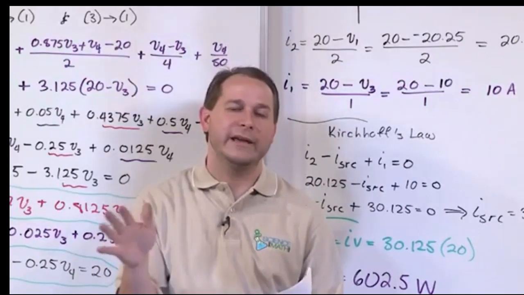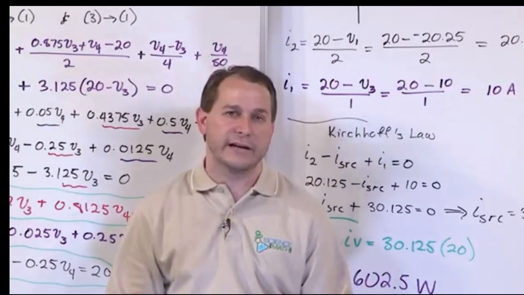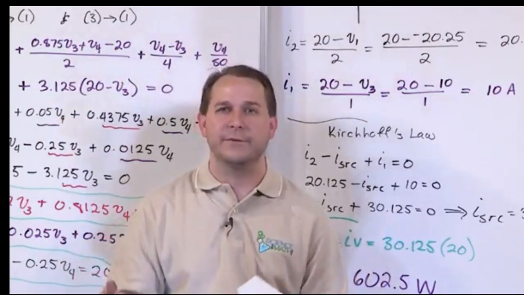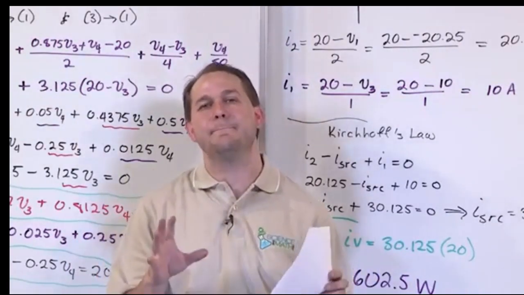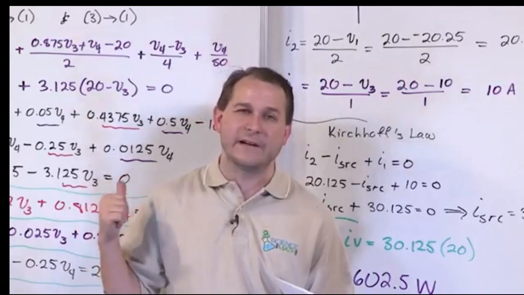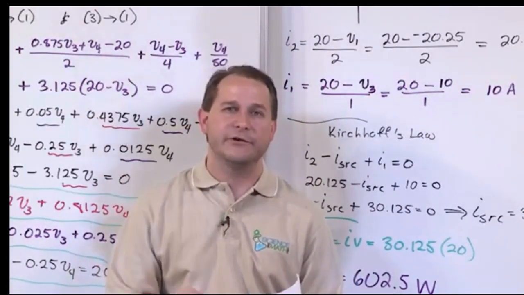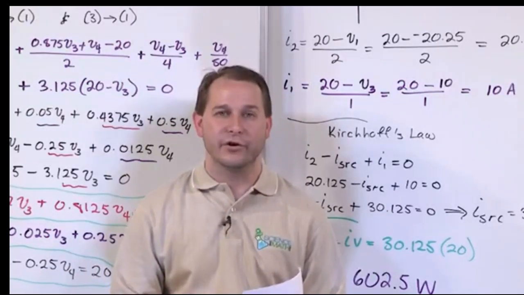Because later on, when we get to alternating current and introduce capacitors and inductors and more complicated circuit elements, you're going to use the node voltage method again. It's just going to involve different types of elements like capacitors and alternating currents, but the same basic method is going to be there. So definitely make sure you're comfortable with this. Work more problems, follow me onto the mesh current sections, and learn how to do that method of circuit analysis as well.